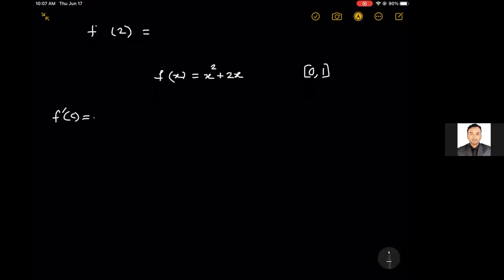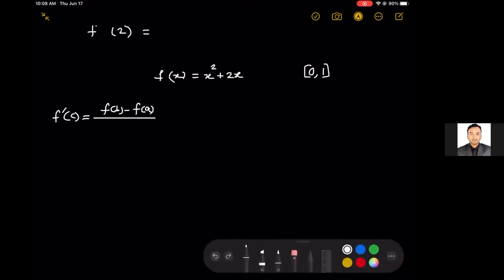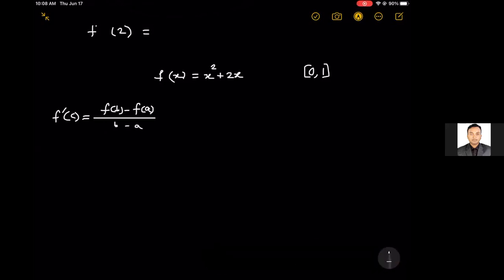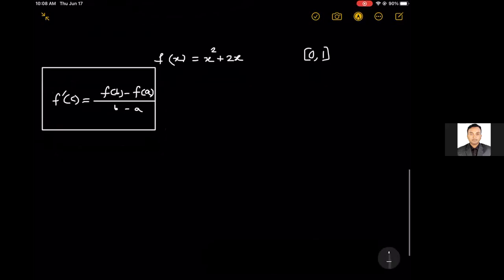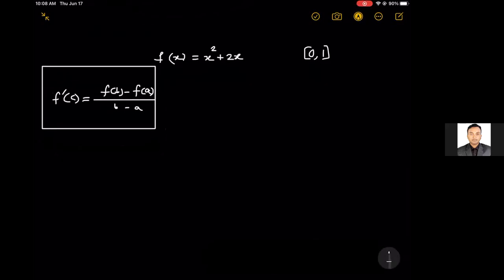the first derivative at some point c is equal to f of b minus f of a over b minus a, right? This is the theorem. Okay, now the question could be how to find a c in between this interval, right?